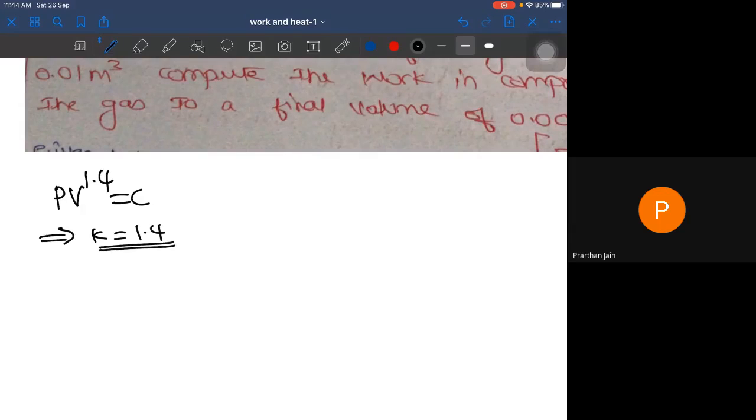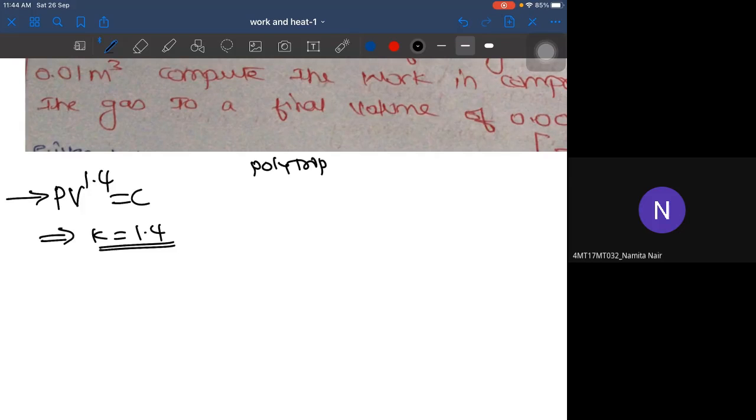So which process is this? Can I guess which process PV to the power of 1.4 is equal to constant, where K is equal to 1.4, is? Polytropic.